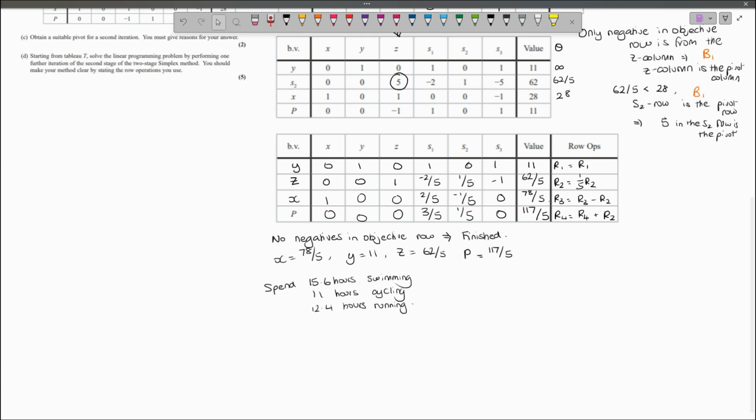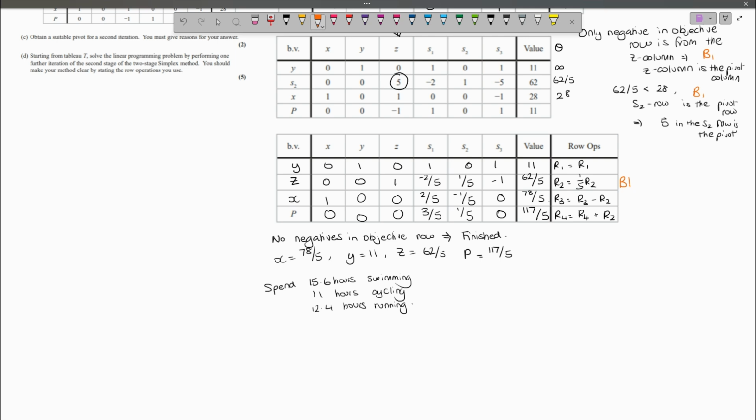So how is this question marked? Well, we're going to go through that right now. There's an independent accuracy mark for the pivot row correct, including change of basic variable. So an independent accuracy mark for this second row here. A method mark for having all values in one of the non-pivot rows correct, or one of the non-zero columns correct.